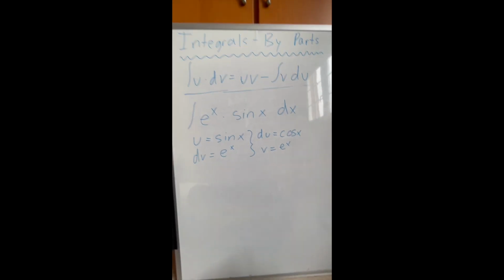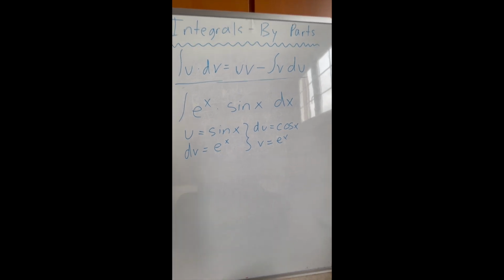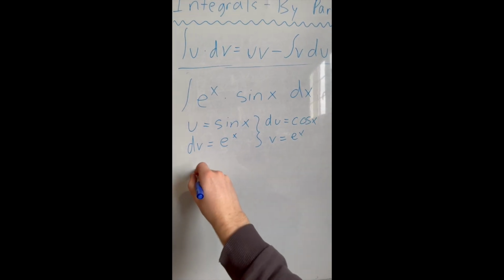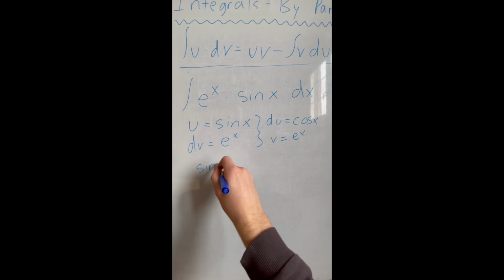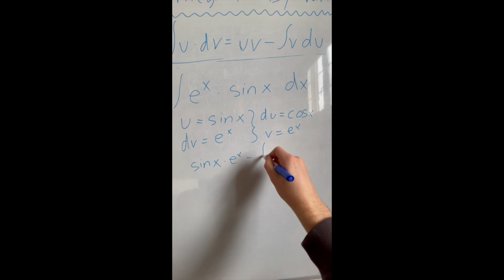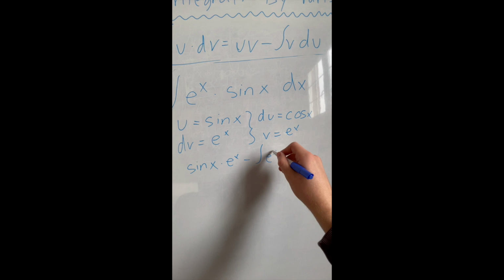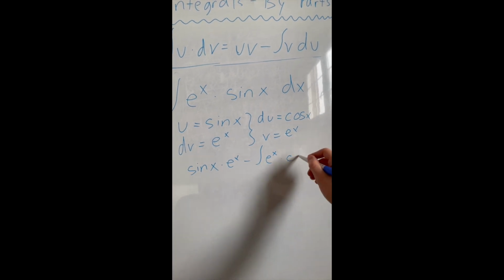So, applying our formula, substituting these values back, we get u times v, which is sine of x times v, e of x, minus the integral of v, which is e to the power of x, times du, which is cosine of x.